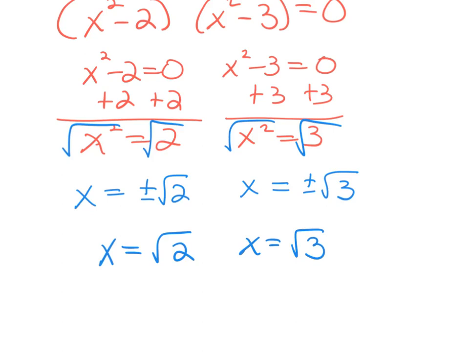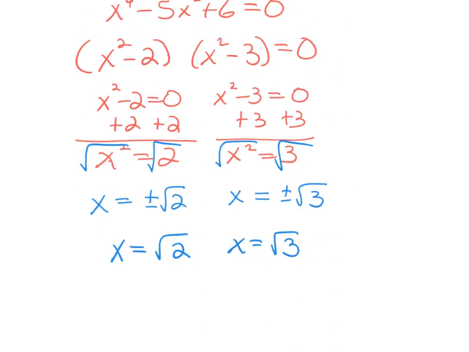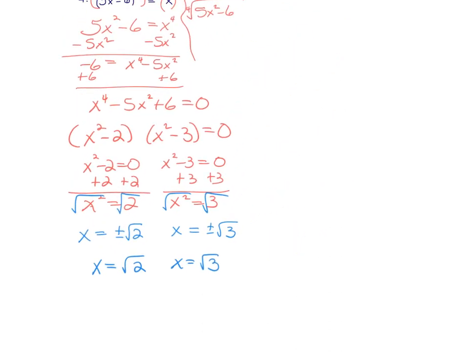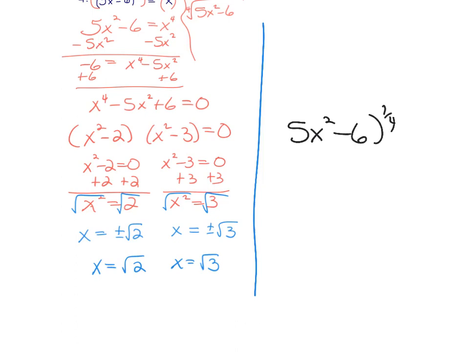Now, we could also do a u substitution here, just to practice it when it's kind of basic. So if I rewrite the problem again, it was 5x squared minus 6 to the 1/4 power equals x.